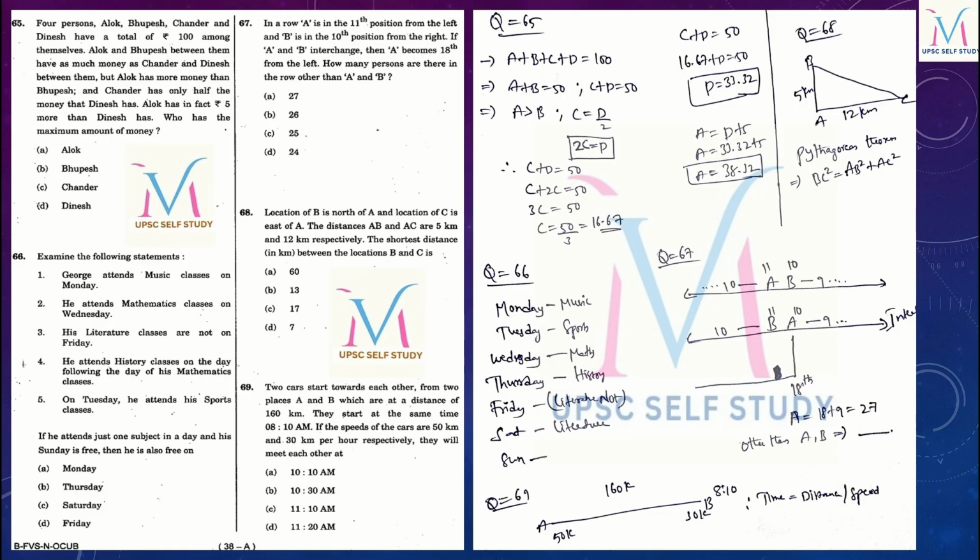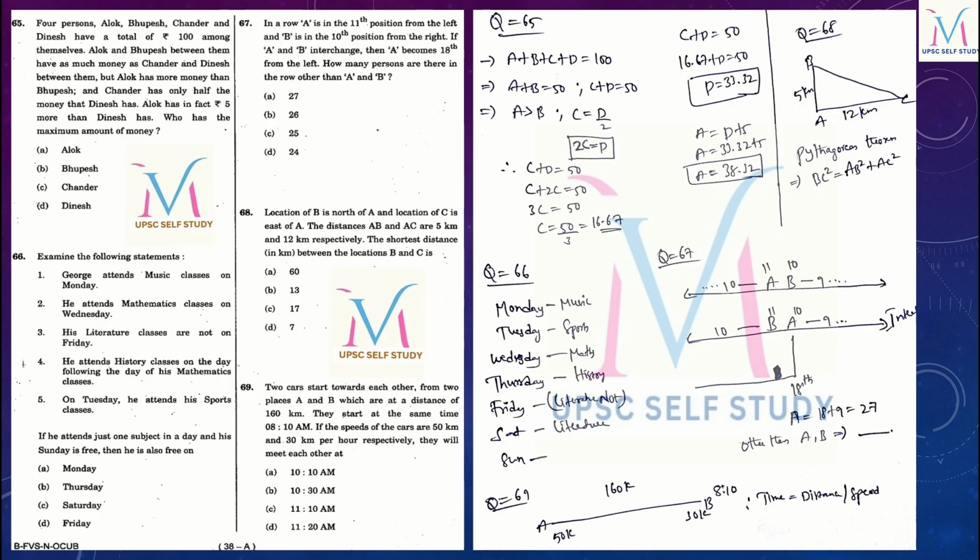Now back to the question: Alok has more money than Bhupesh, so A is greater than B.